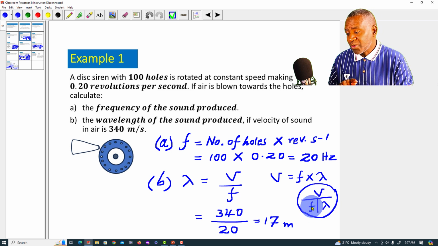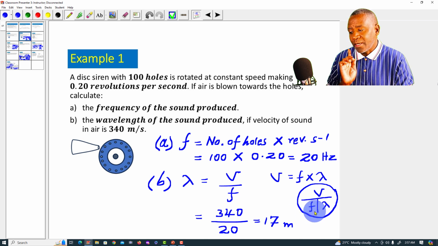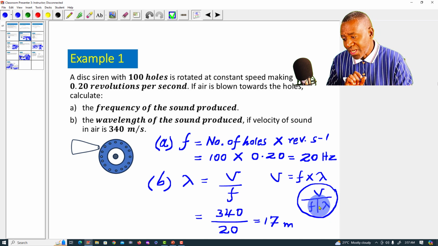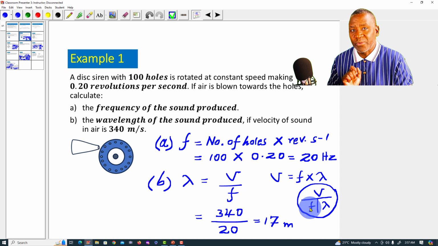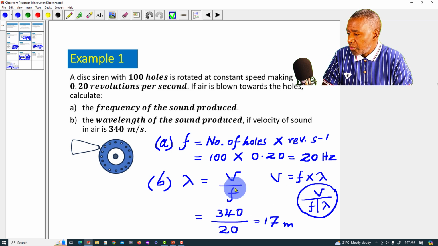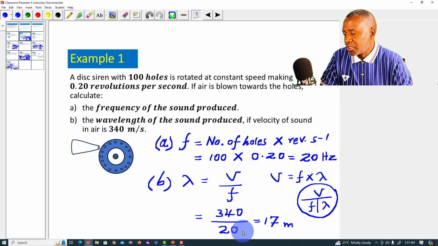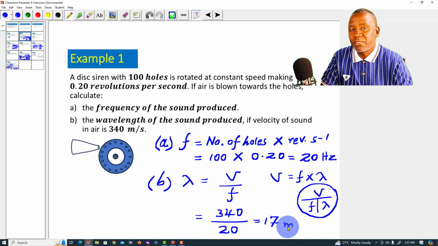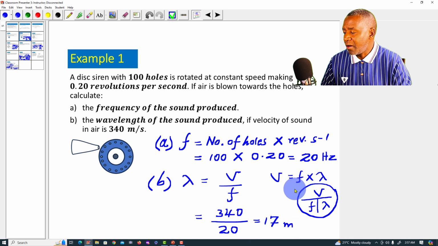If we want the frequency, we cover the frequency with our hand like that, and frequency will be equal to speed over wavelength. And if we want wavelength, we are going to say that it is speed over the frequency. Very, very easy. So you can use this if you have a problem in making a letter the subject of the equal sign. So when we substitute 340 divided by 20, we get 17 meters. That will be the wavelength of the sound.